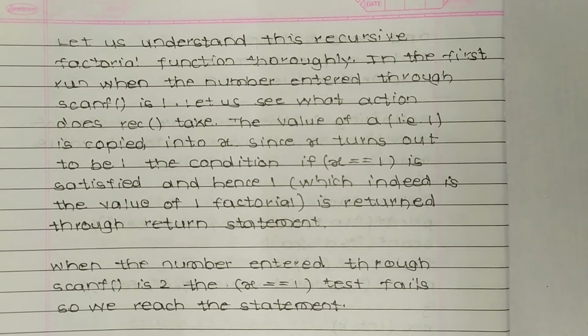In the first run, when the number entered through scanf is 1, let us see what action rec takes. The value of a, that is 1, is copied into x, so x turns out to be 1. The condition if x is equal to 1 is satisfied, and hence 1, which indeed is the value of 1 factorial, is returned through the return statement.